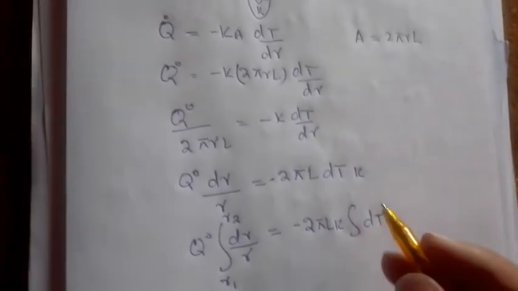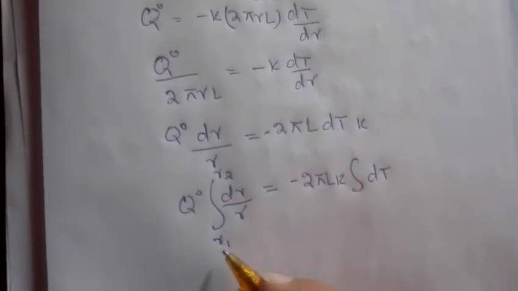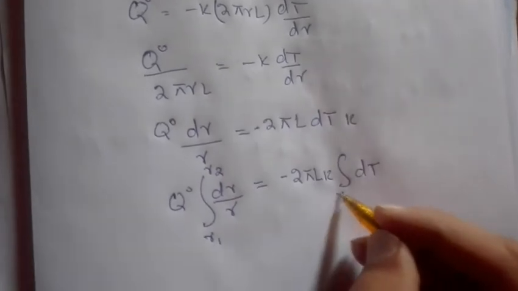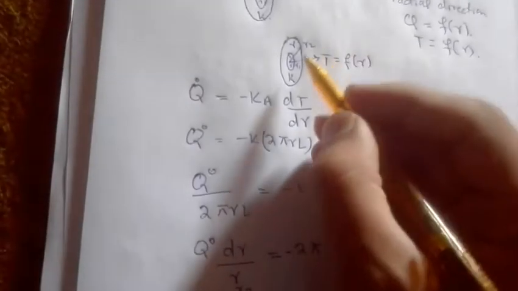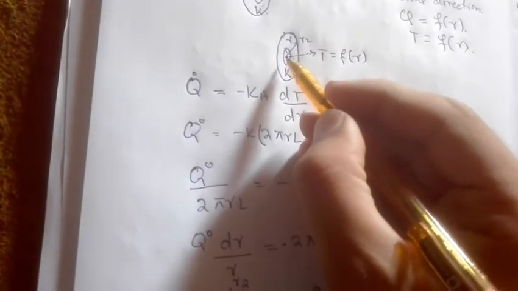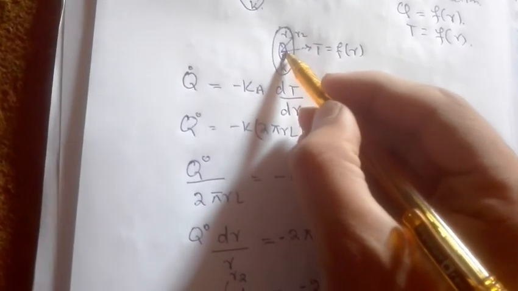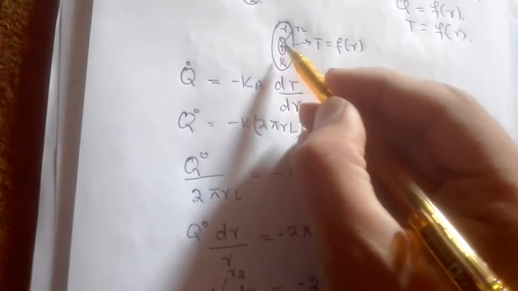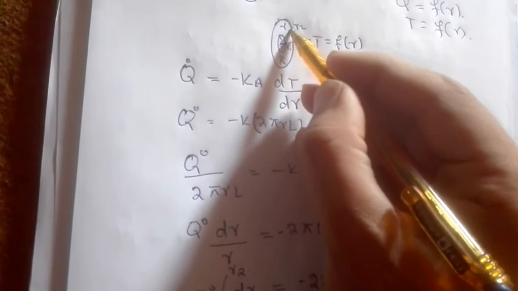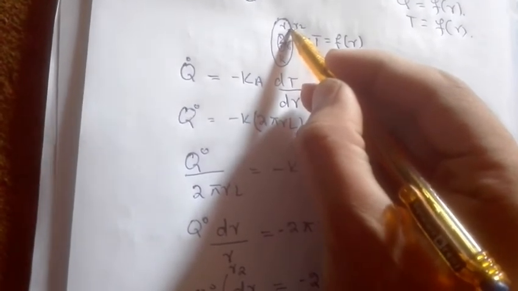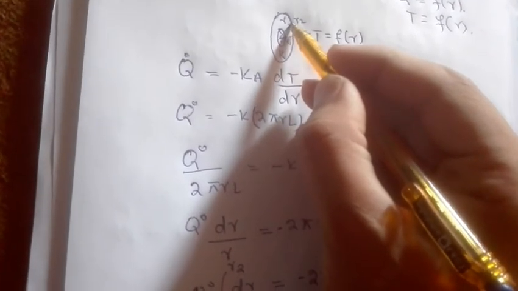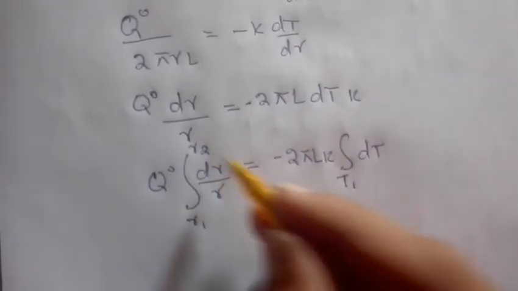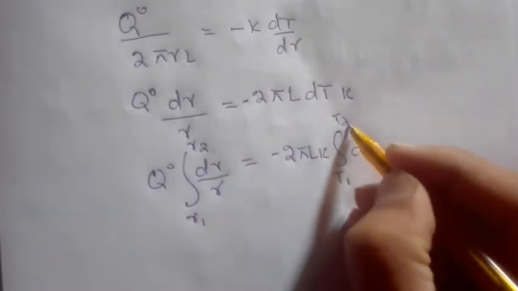When r is equal to R1, temperature is equal to T1. And when r is equal to R2, temperature is equal to T2.